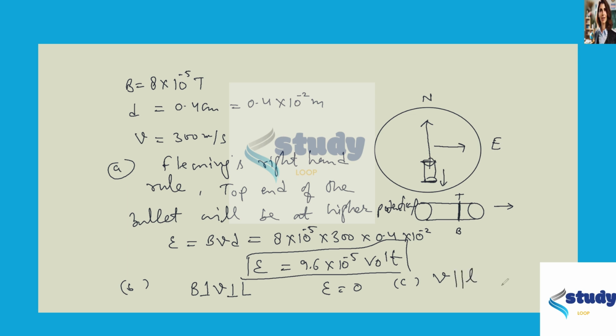So again, there will be no EMF induced in that case also. E is again 0. So here the velocity was parallel to the magnetic field, that's why EMF is 0, and here the velocity was parallel to the length of the conductor, that's why the induced EMF is 0.